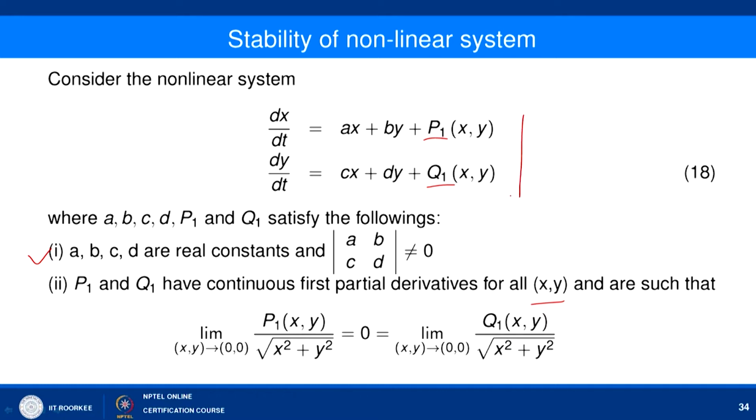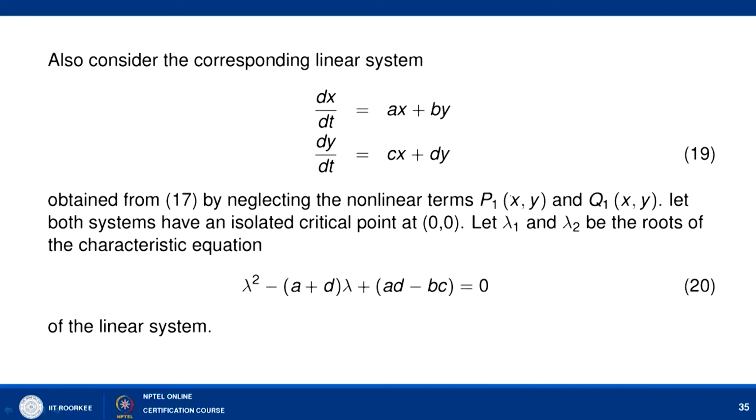If you recall, this kind of system is known as a weakly nonlinear system, and here we are assuming that p1 and q1 are such that they vanish at the origin. Also consider the corresponding linear system, dx by dt equal to ax plus by and dy by dt equal to cx plus dy.